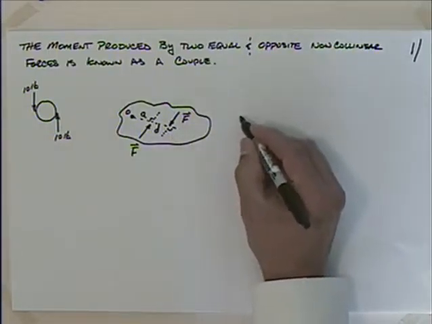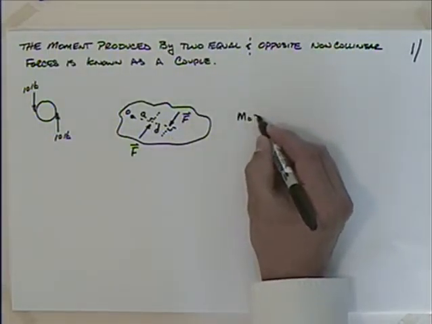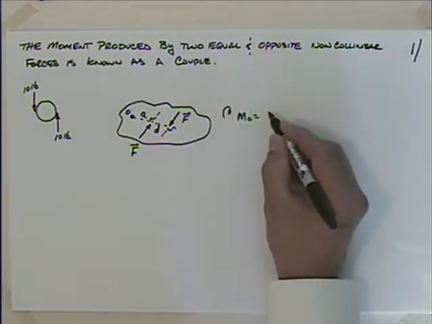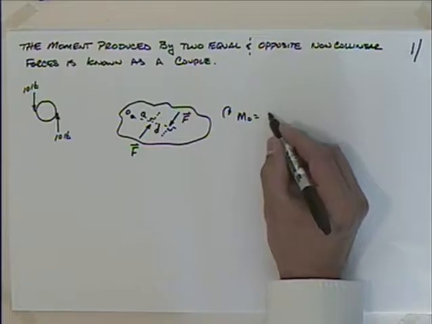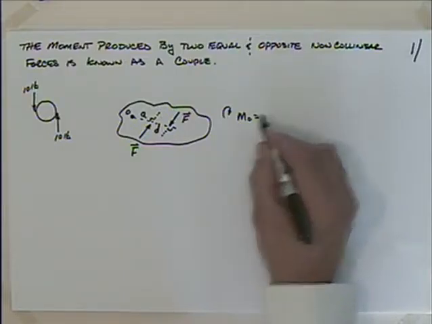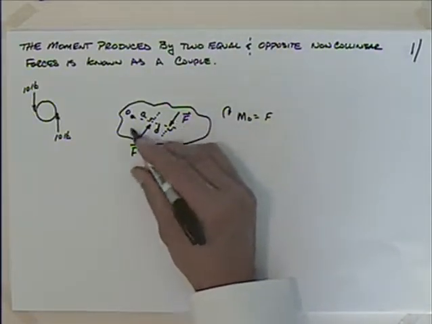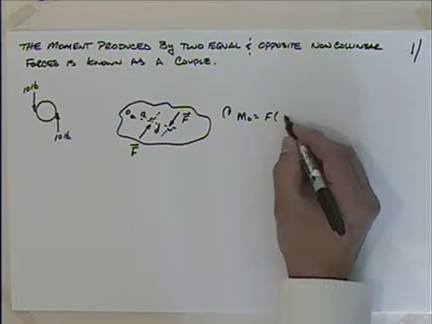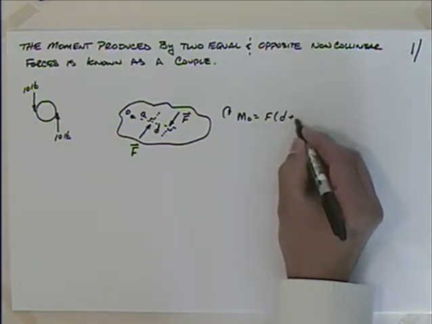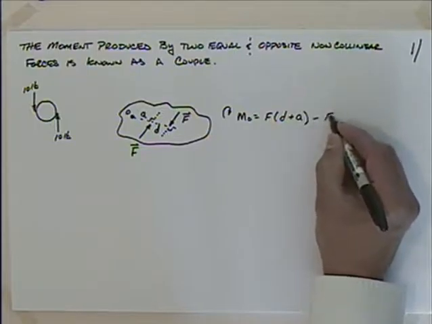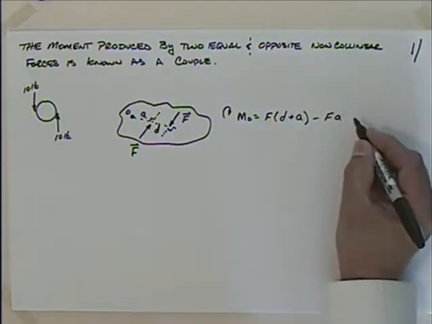So if I wanted to investigate the moment about O, looking in the clockwise sense, it's equal to the force F, because this end's going to tend to rotate it clockwise, F times the distance D plus A, and then I have to subtract off this one, minus F times the distance A, right?